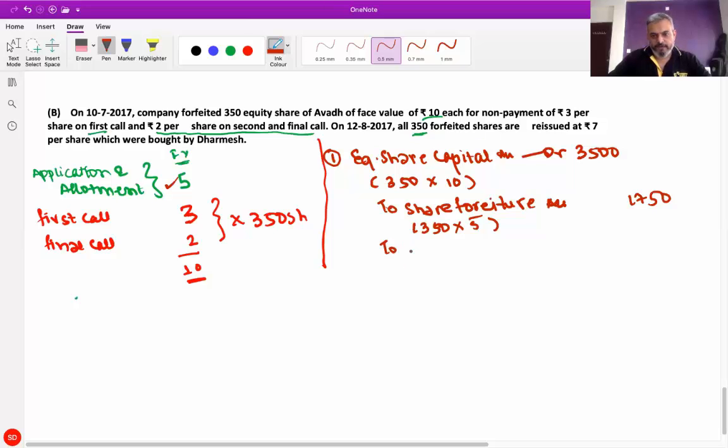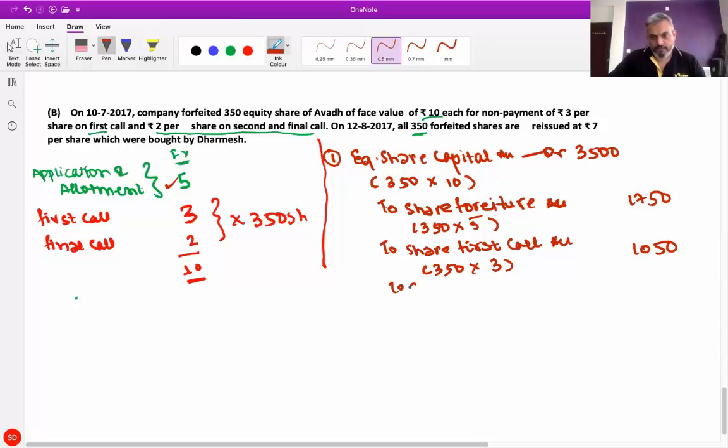To share first call, 350 shares into rupees 3, 1,050.